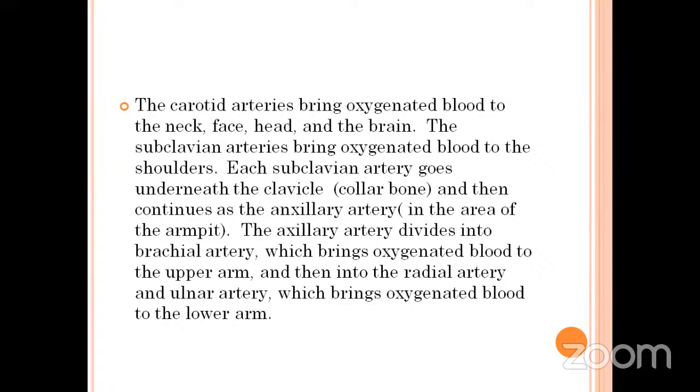And it continues as the axillary artery in the area of the armpit. The axillary artery is divided into the brachial artery, which brings oxygenated blood to the upper arm, and then into the radial artery and ulnar artery, which bring oxygenated blood to the lower arm.